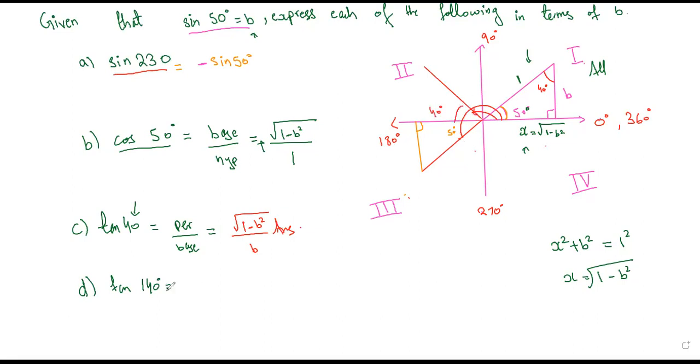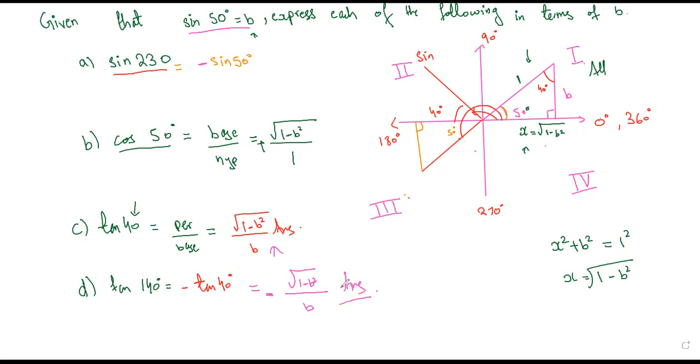So basically tan 140 is equal to tan 40 degrees. And what about the sign? The sign would be negative, because in the second quadrant only sine is positive. What was tan 40? Tan 40 was under root 1 minus b squared from the first part, divided by b, and with a negative sign, right? This would be the answer.